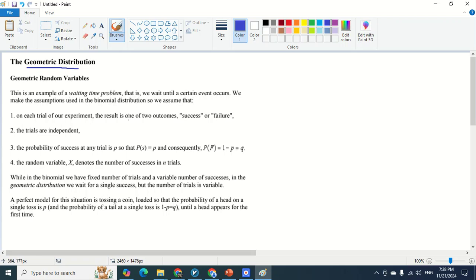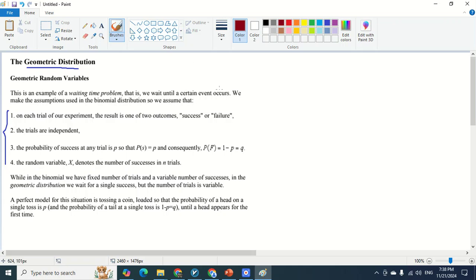So in the geometric distribution we have a similar assumption to the binomial distribution. One of the best examples for the geometric distribution is shooting some type of animals with a gun and seeing what the probability is at the end.